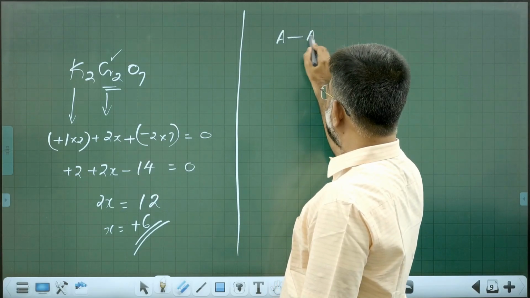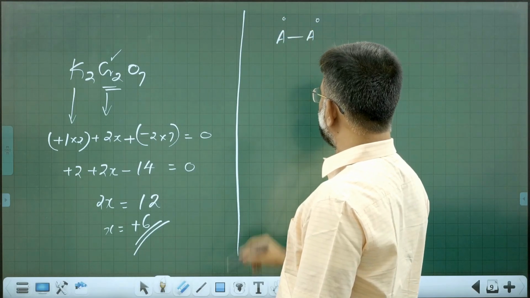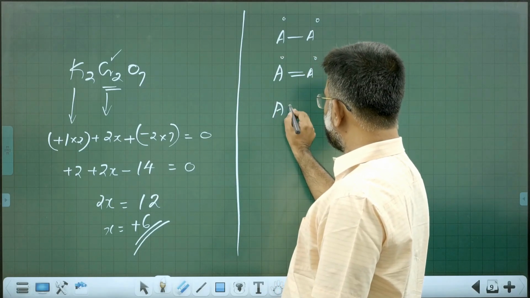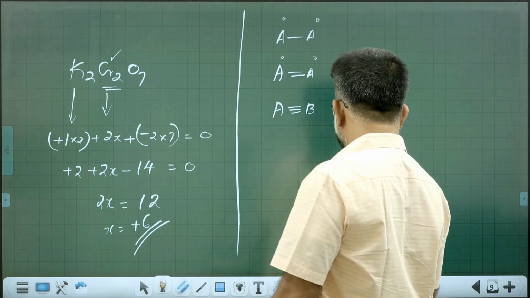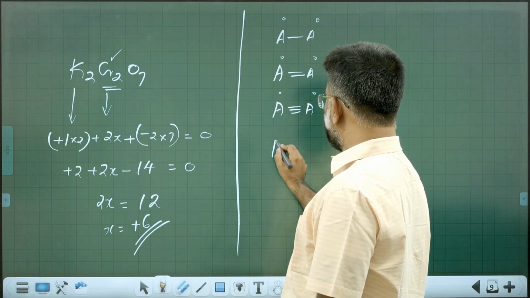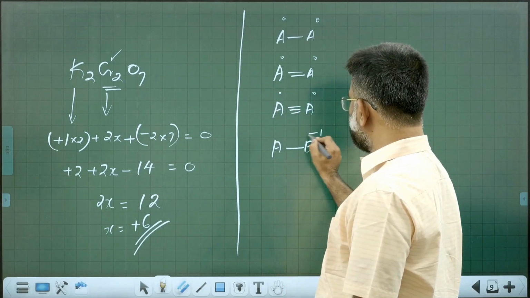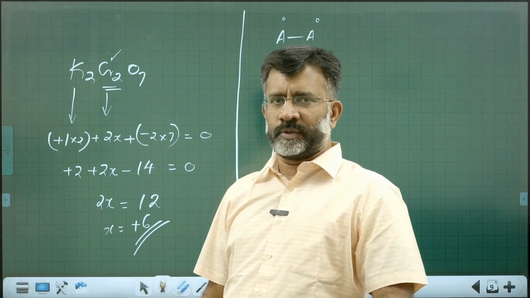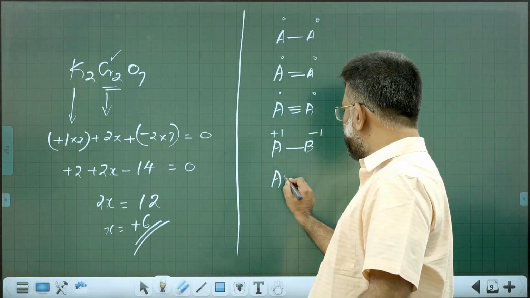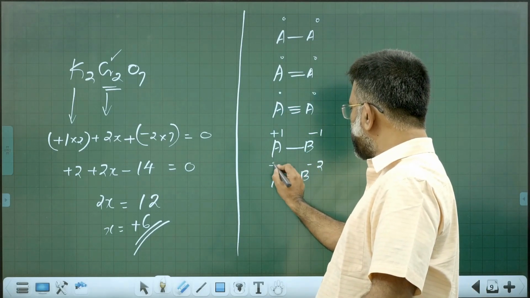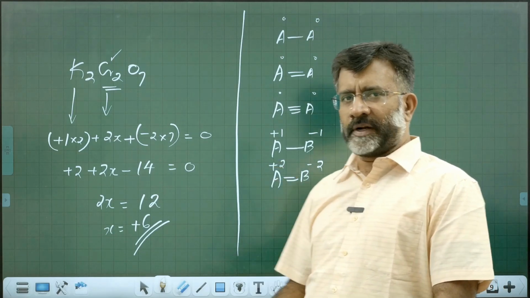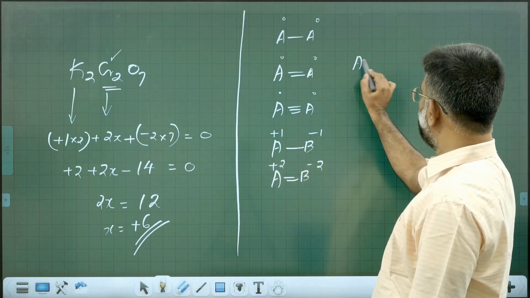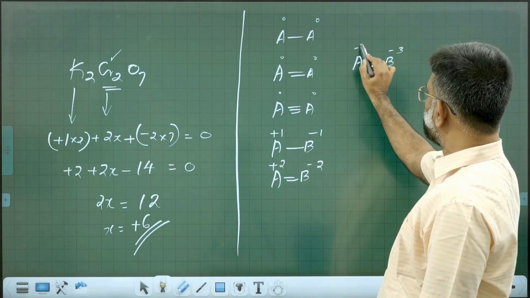Suppose there is an A-A single bond, the contribution is 0. Suppose there is an A-A double bond, the contribution is 0. Suppose there is an A-A triple bond, the contribution is again 0. Suppose there is an A-B single bond, this is -1, this is +1, provided B is more electronegative than A. Suppose it is an A-B double bond, it is -2 here, +2 here, provided once again B is more electronegative than A. Suppose it is an A-B triple bond, it is -3, +3.